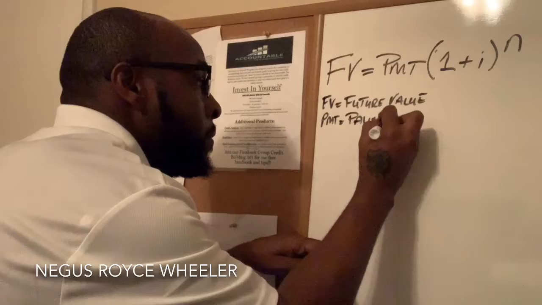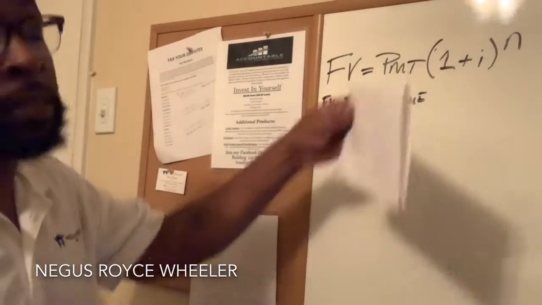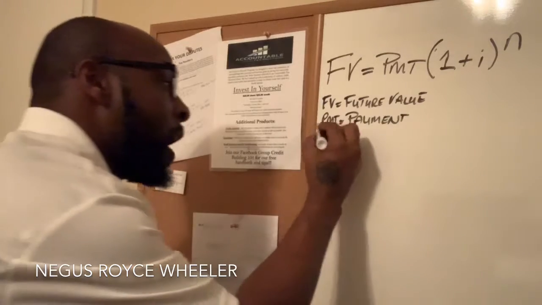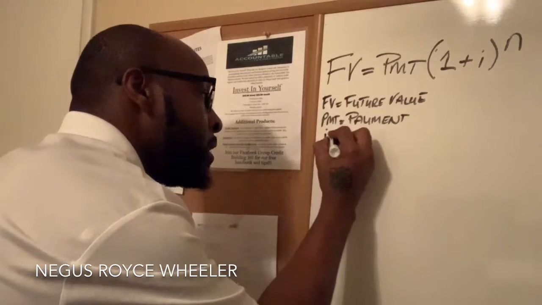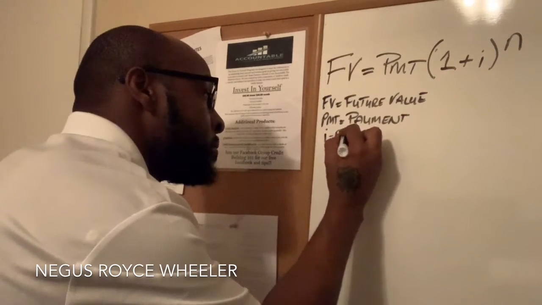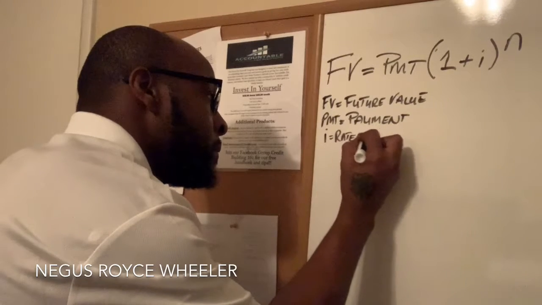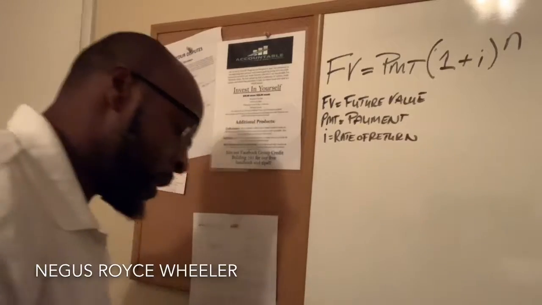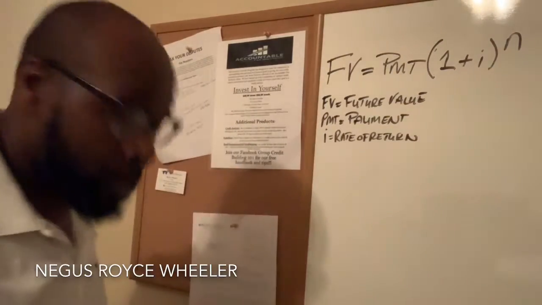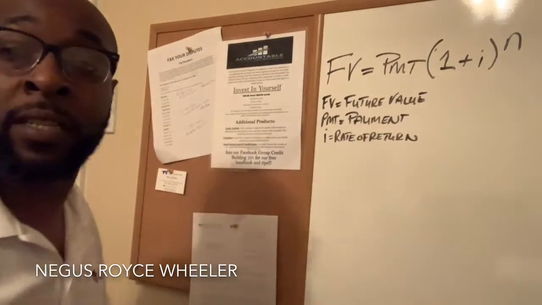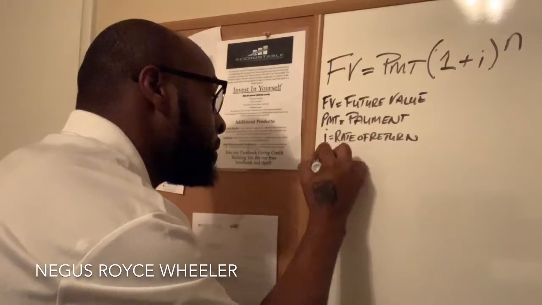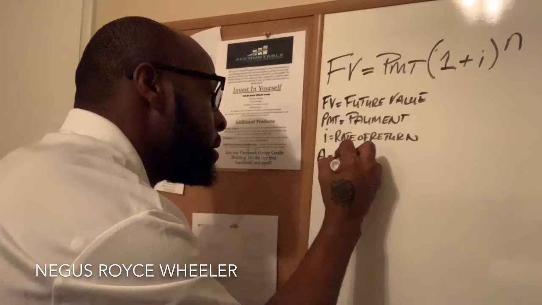Then you have, in parentheses, the number 1. Then you have I. I equals your rate of return. And then you have N on the outside. N represents the number of years.